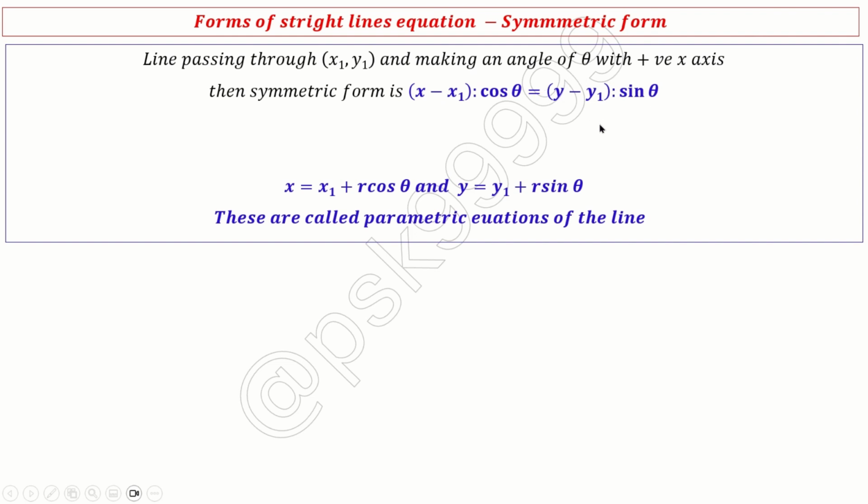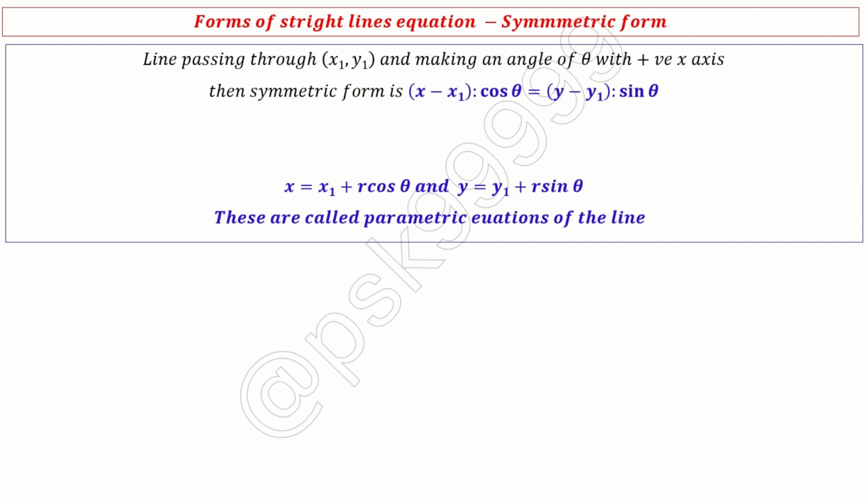Okay, how? Let's say there is another point on the same line, and it is at r distance from (x1, y1). Then what are the coordinates of this point?